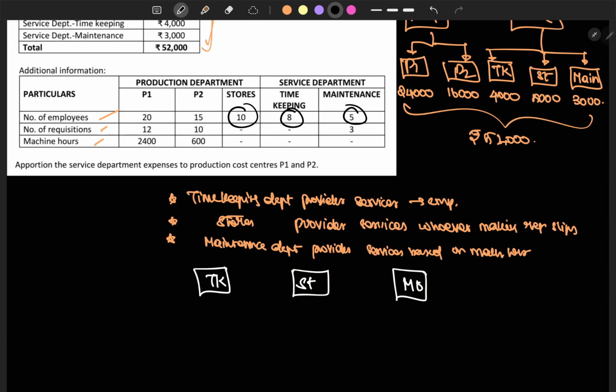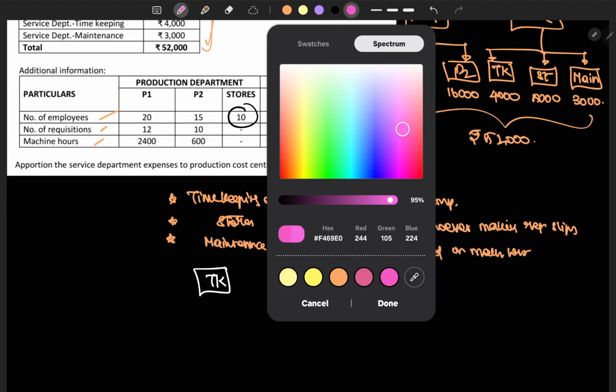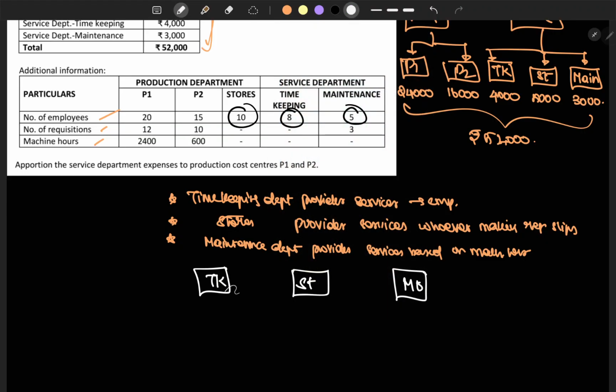As we already said, the timekeeping department is providing services to the stores department employees and maintenance department employees, right? The number of requisitions is made by the maintenance department, and requisition handling is done by the stores department. So the stores department is providing services to the maintenance department. The maintenance department is providing services to nothing; it provides services only to the P2 and P1 departments. Okay, so that's it.